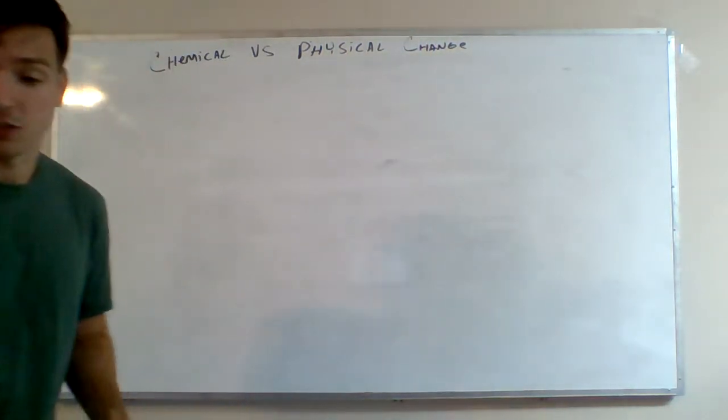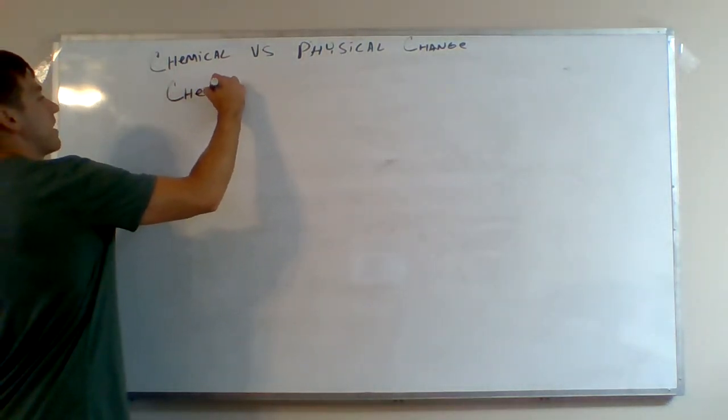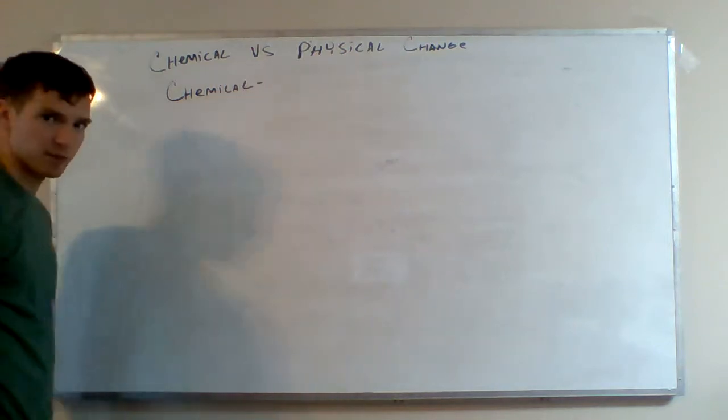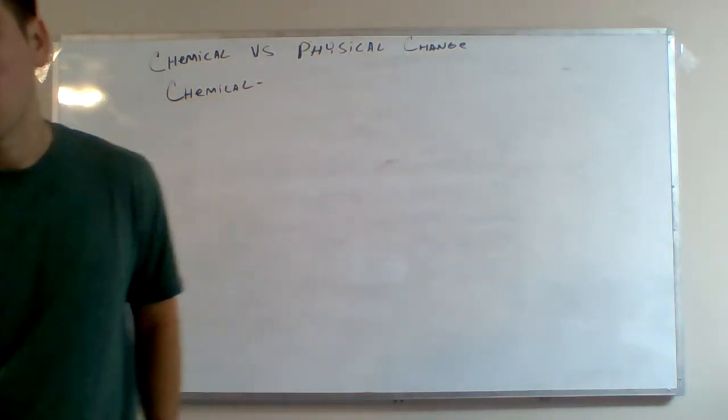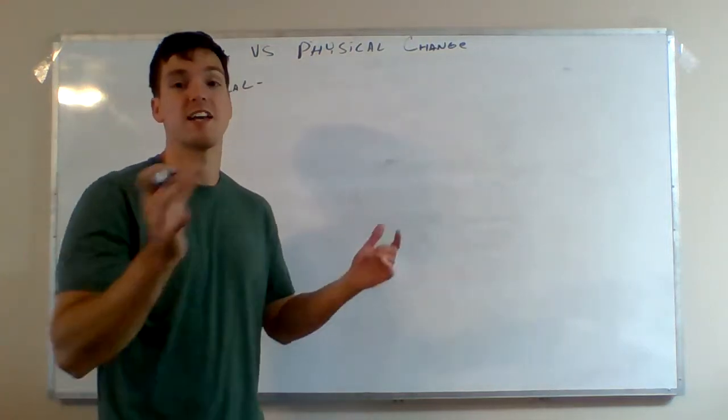Okay, so these are the two types of changes in chemistry, and I'm going to define chemical change first. So it's pretty much you're changing the molecular, you're breaking bonds and you're forming bonds.